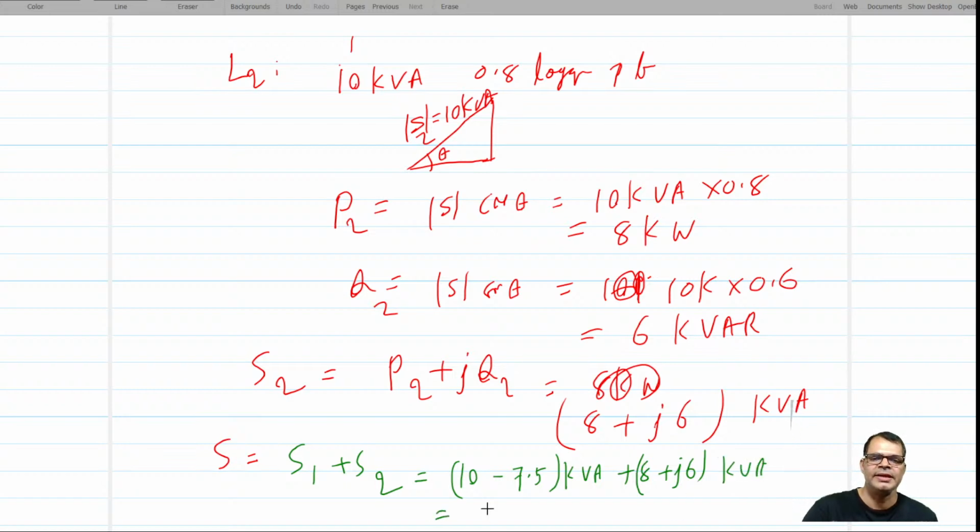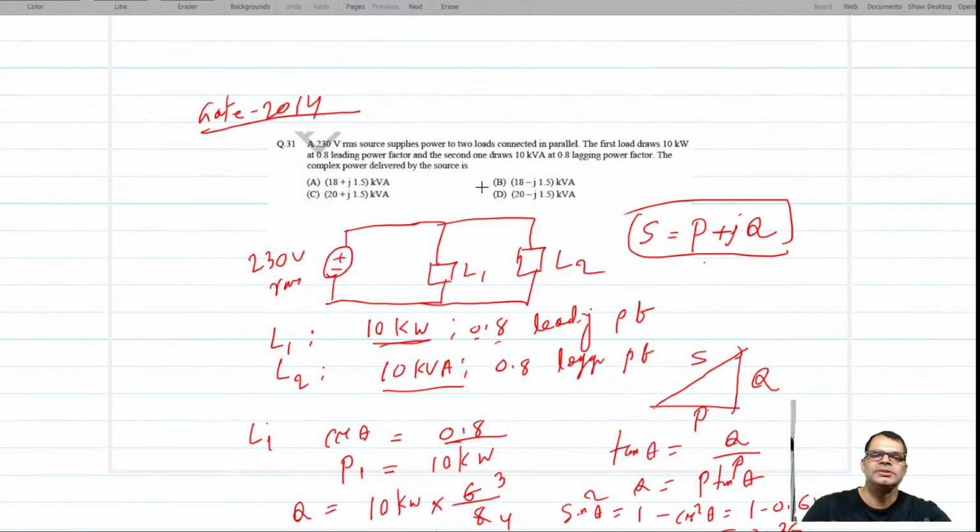So finally 10 plus 8, that is 18, and minus 7.5 plus 6, that is minus 1.5 kVA. So finally the answer is 18 minus j 1.5 kVA, what is your option here? 18 minus j 1.5 kVA, that is option B.